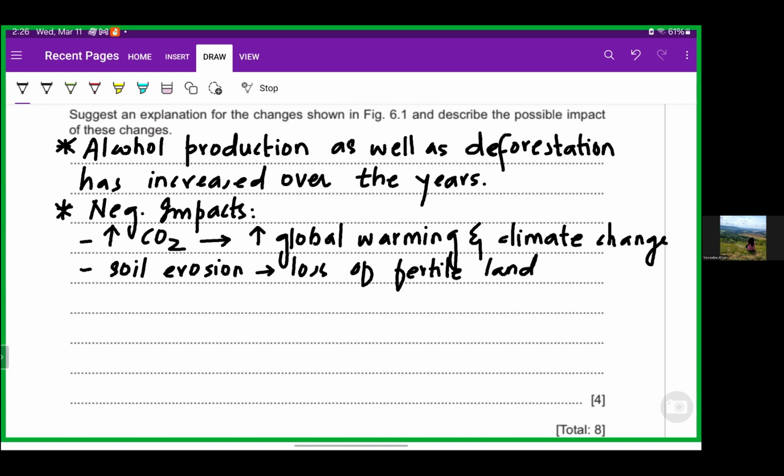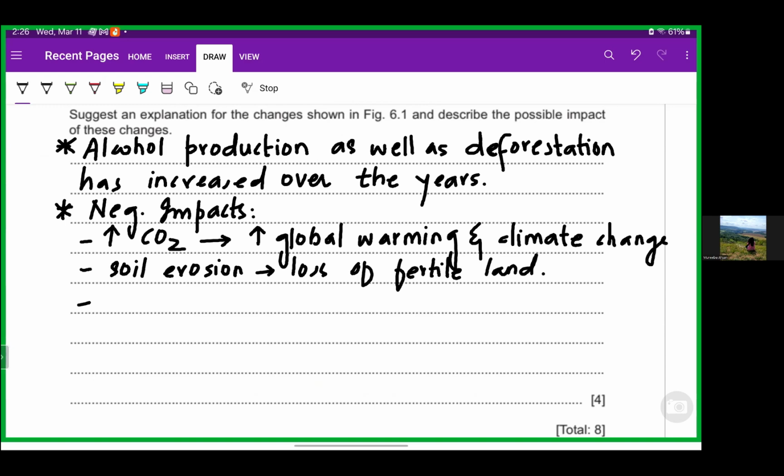And in order to produce alcohol, what will you be needing? You will be needing the ground to produce the sugar canes and other plants. Mainly sugar cane is used to produce alcohol.